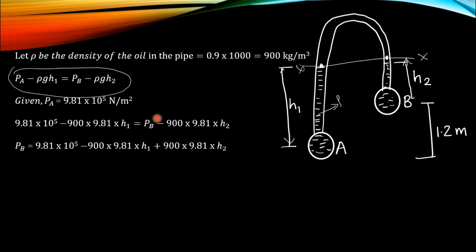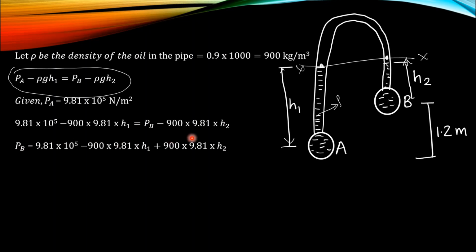Now just rearranging this equation by keeping PB alone on the left hand side and all other values on the right hand side, we will get PB is equal to 9.81 into 10 raised to 5 minus 900 into 9.81 into H1 plus 900 into 9.81 into H2. Just this 900 into 9.81 into H2 will go to this side.